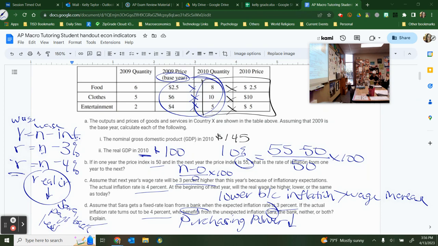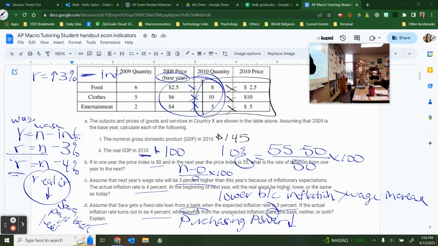So the 3% is actually for here, because the letter D is talking about inflation and giving you numbers for inflation, and it's asking about the interest rates. But on C, it's telling you that her nominal income is actually going up 3% because they expect inflation to be high.